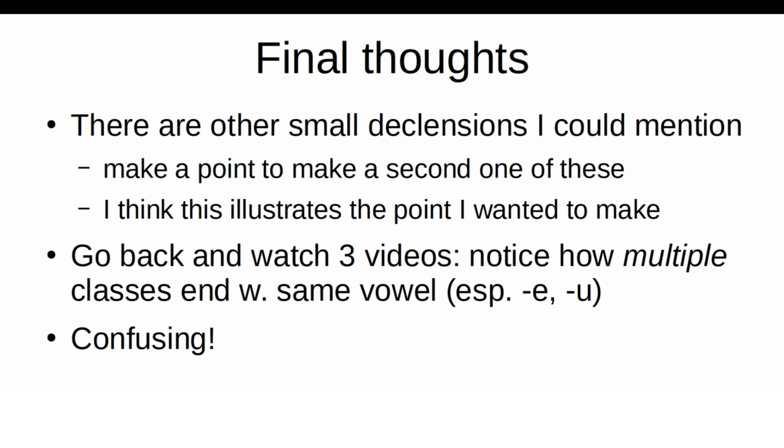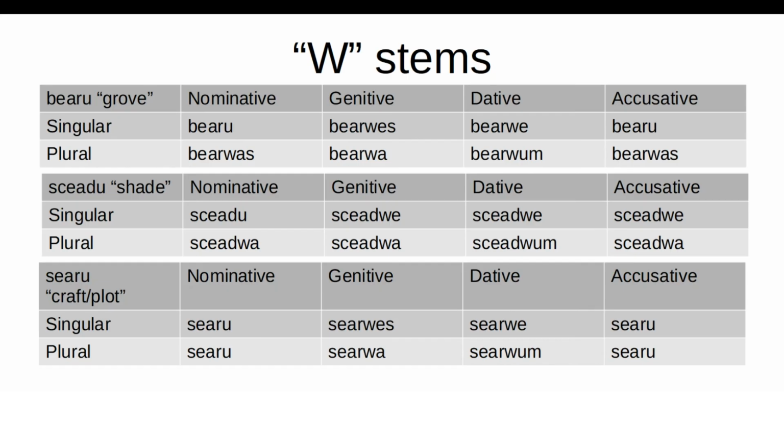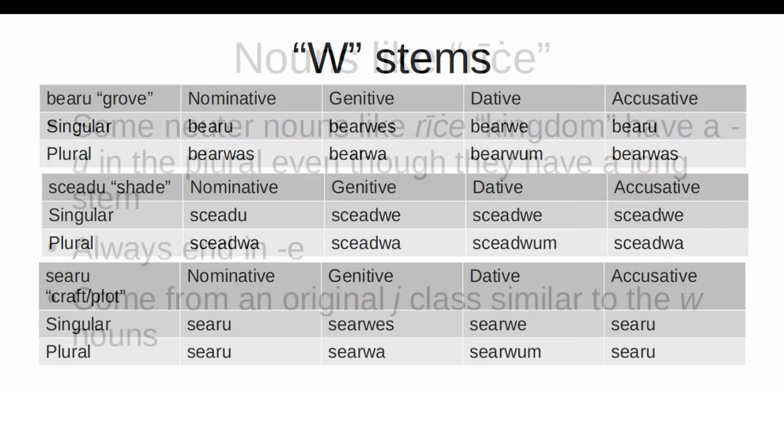If I just give you the word baru, how are you going to know how to decline that? Just looking at the form baru, that could be baru, bare, bara. That could be baru, baruwes, baruwas. That could be a u-stem. That could be baru, bara, bara. So it could be all sorts of things, and that's very confusing.